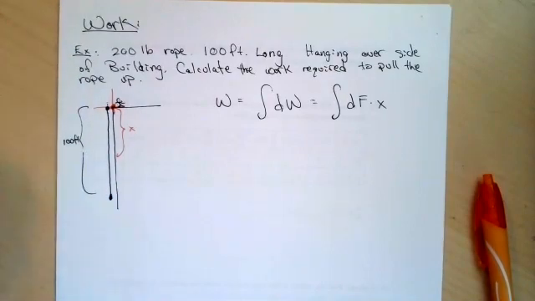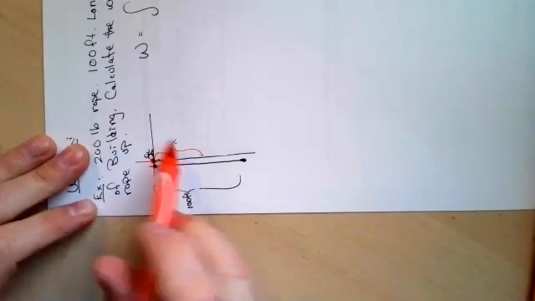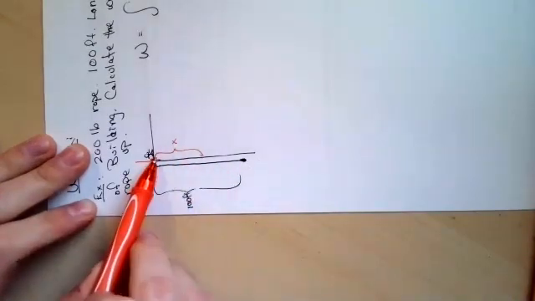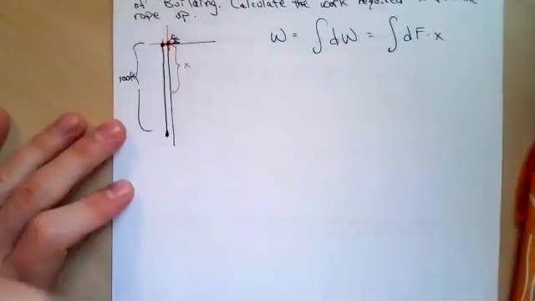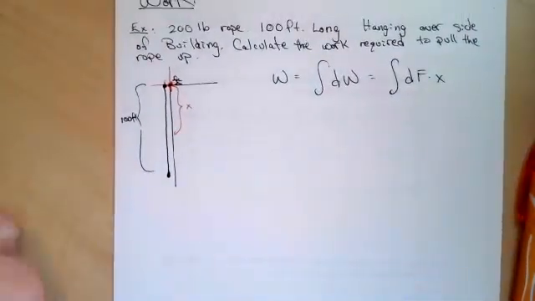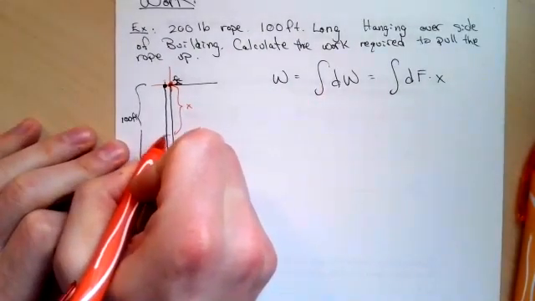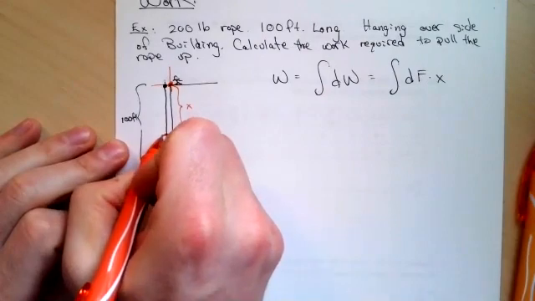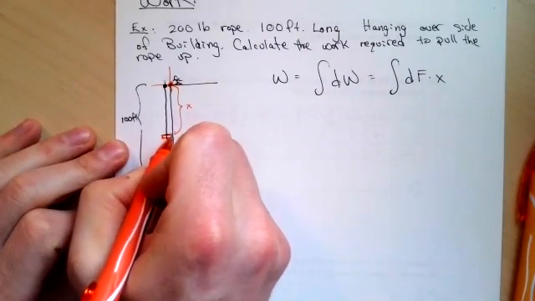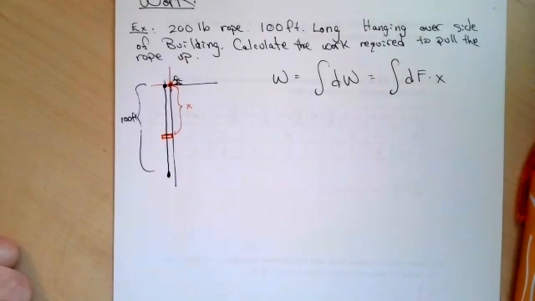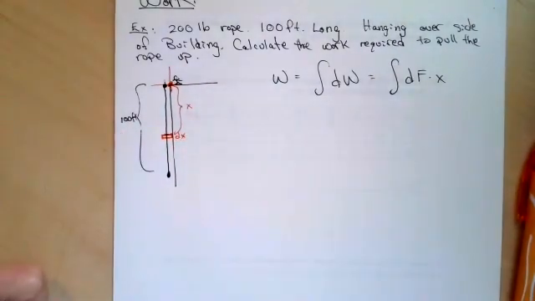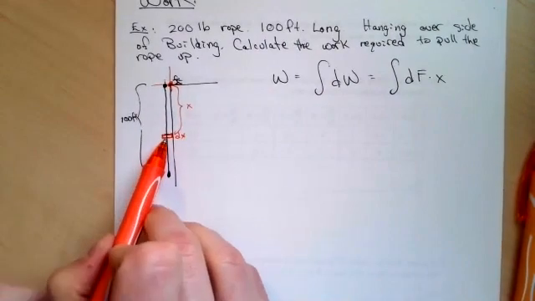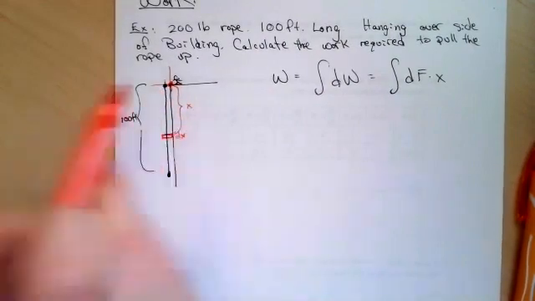So it's oriented a little bit differently, kind of sideways, where down is positive x. And how are we going to slice this up? Well, we have an infinitesimally thin piece of rope here of length dx. And this length at dx, we have to move a distance of x.